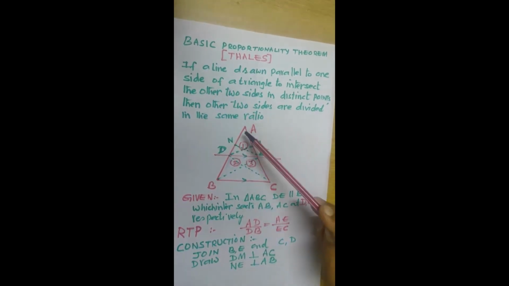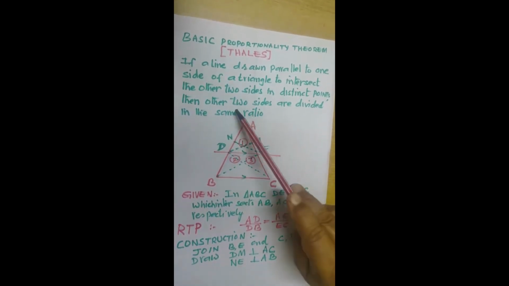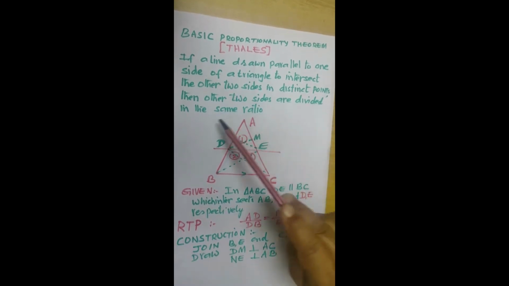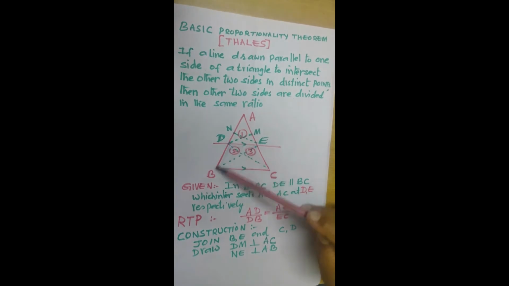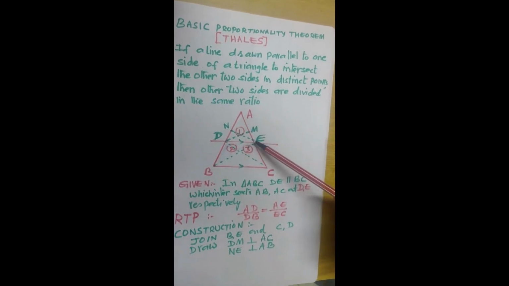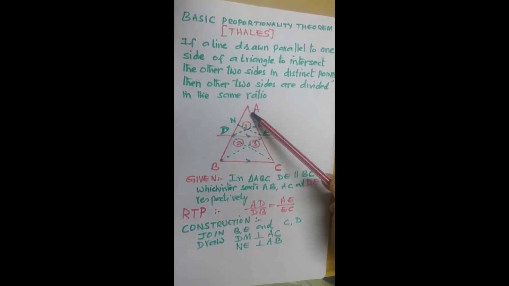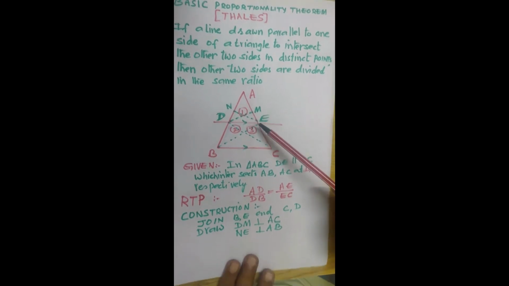The other two sides, AB and AC, are divided in the same ratio, that is AD is to DB and AE is to EC, they are equal. We are going to see the result here.